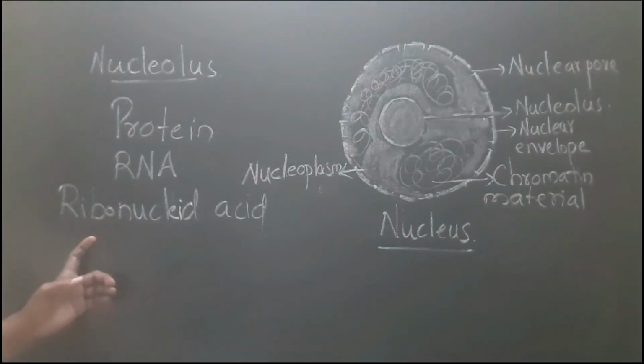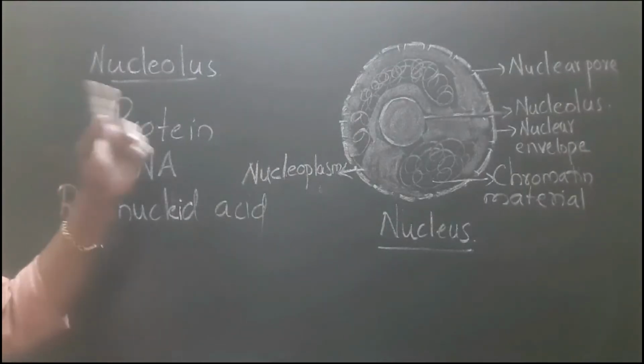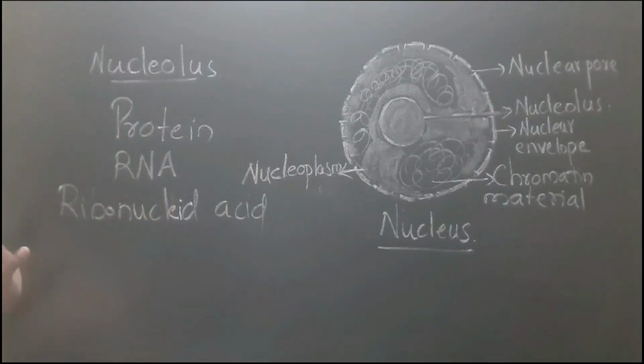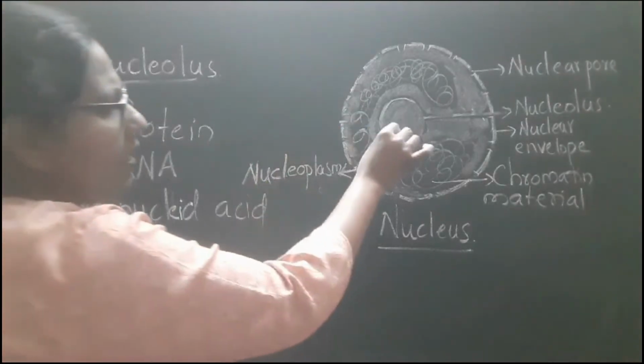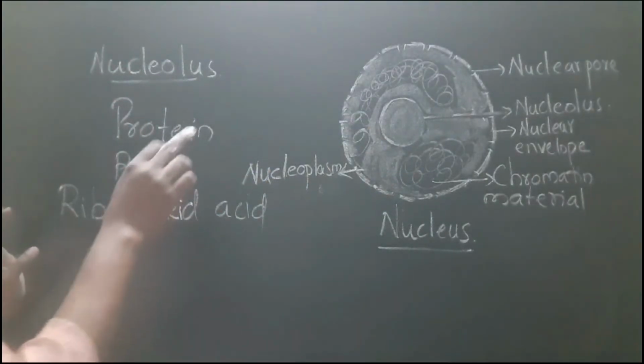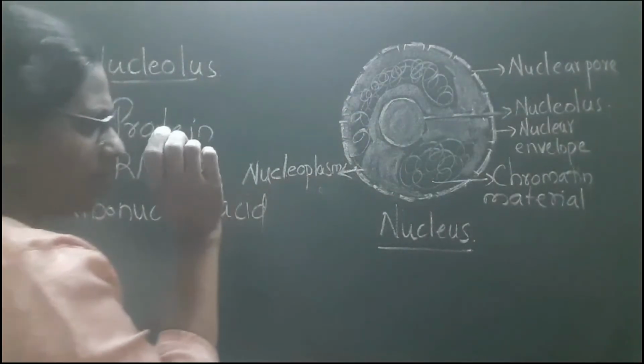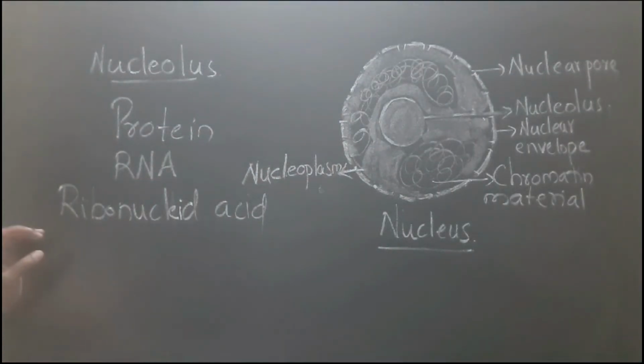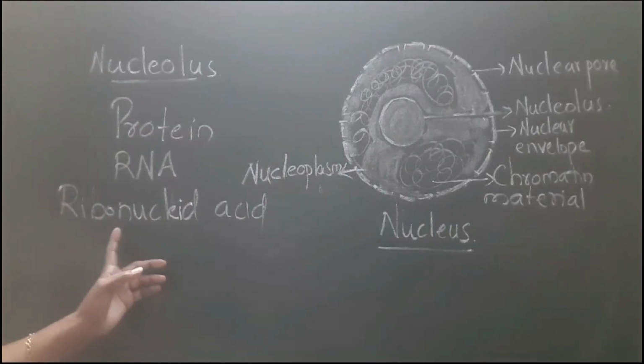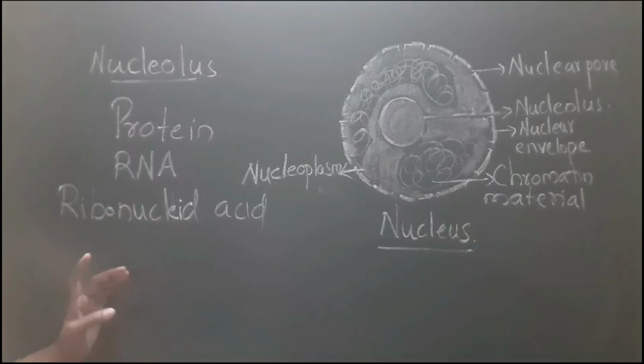So nucleolus is spherical in shape and it is in the nucleoplasm. It is rich in protein and RNA. RNA means ribonucleic acid.